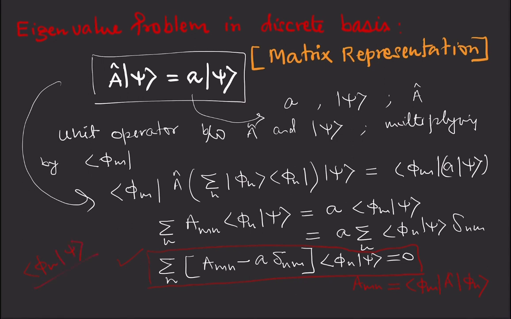Since the basis ket phi n is made of an infinite number of base kets, this system of equations can have non-zero solutions only if its determinant vanishes. So to give the non-zero solution, this value should be 0.